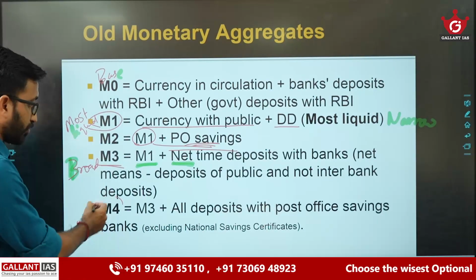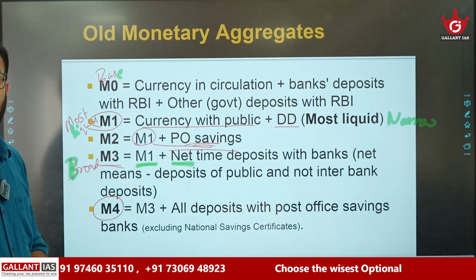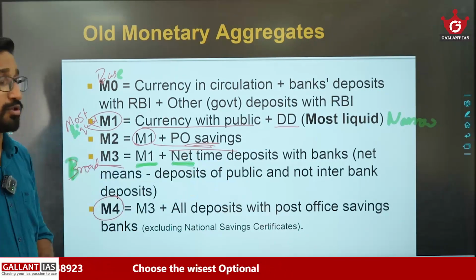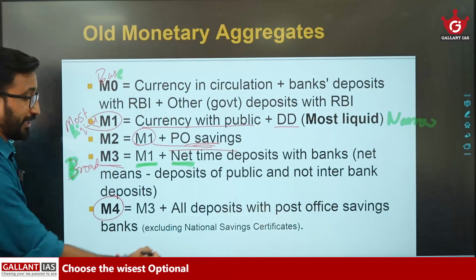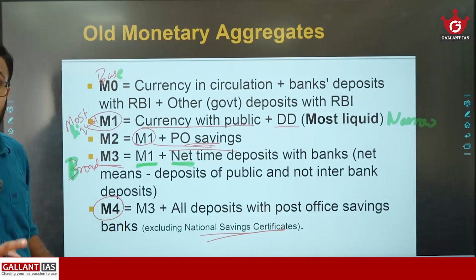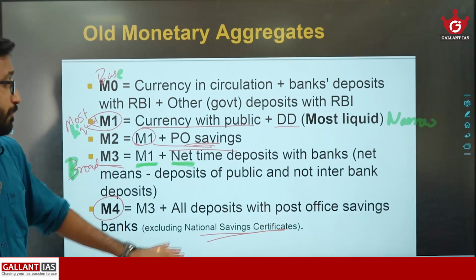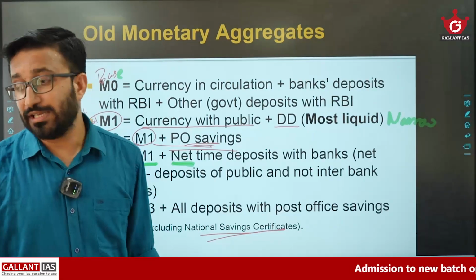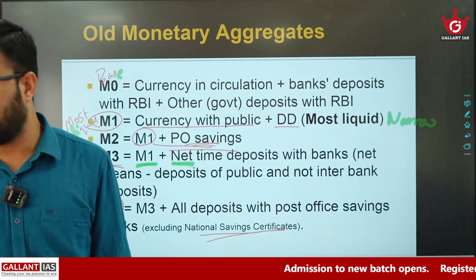Okay. Now come to M4. M4 is M3 plus all deposits with post office savings bank except the National Savings Certificate.